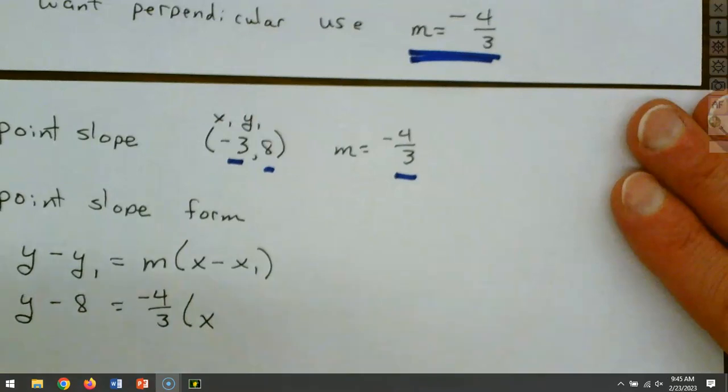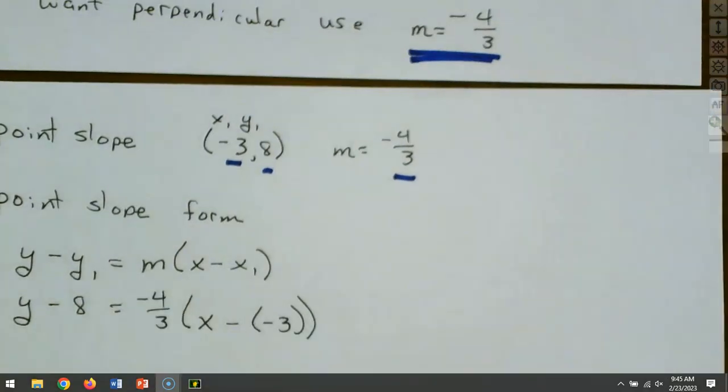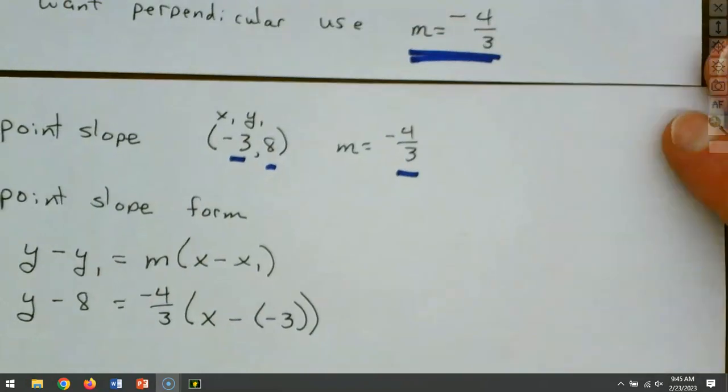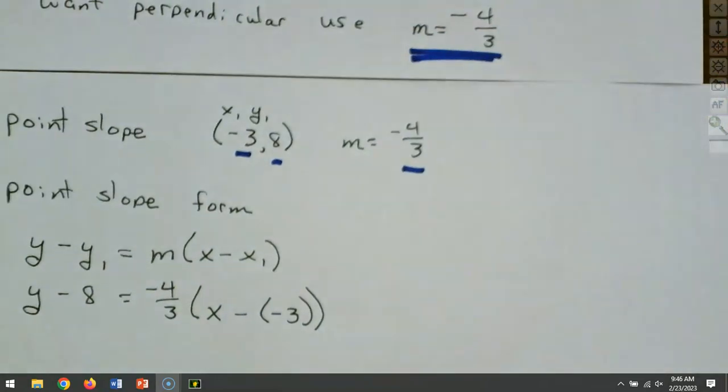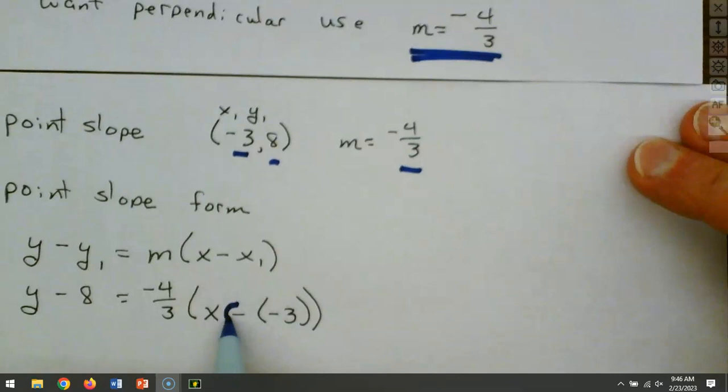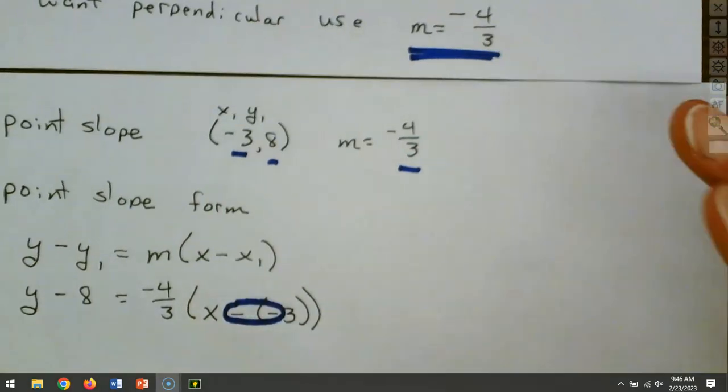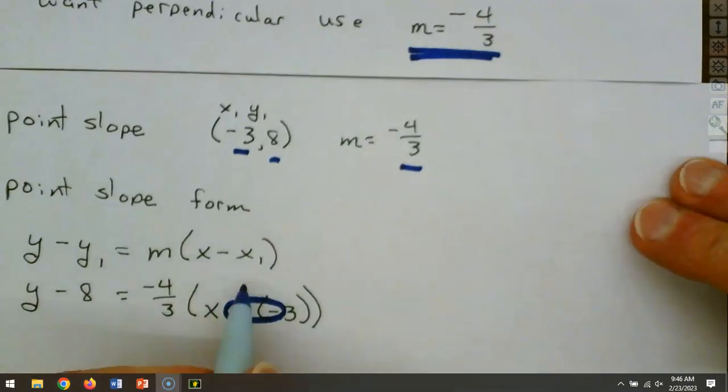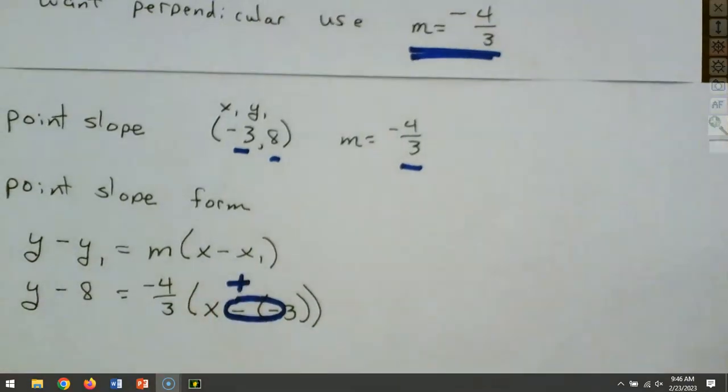Now, be very careful about the double negatives because in some cases you have one. Minus that minus 3. And we also need to make sure we know how to write the answer. And on 8, it says write it in slope-intercept form. So we're going to clean this up a bit. We'll clear out the fractions if we need to. And then we'll solve it for y. So double negative here. It's going to make that positive.